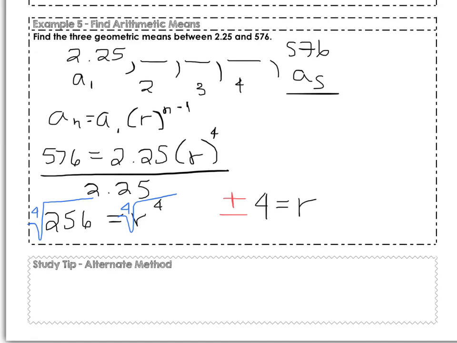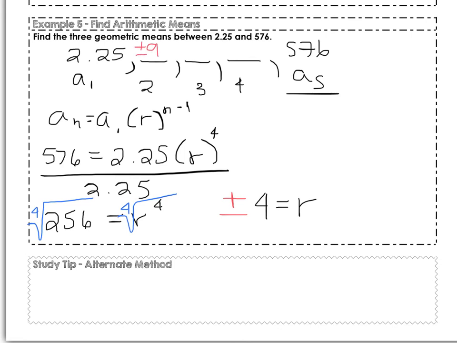Another reason to logically think about why our common ratio could be 4 is because we're given our first and our fifth term. We don't know whether the even spots are going to be positive or negative. We just don't have enough information here. So I'm going to multiply 2.25 by 4, and I'm going to obtain the answer of 9. Now it could be positive or it could be negative.